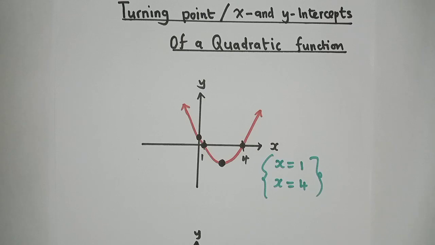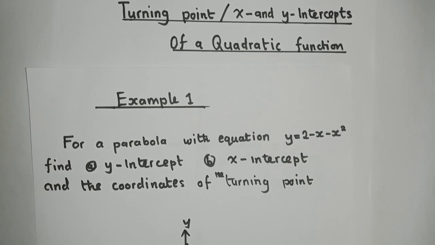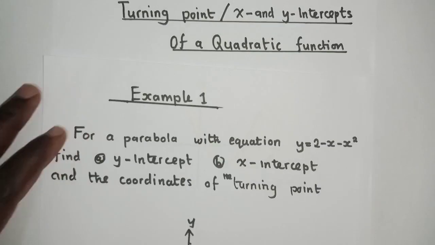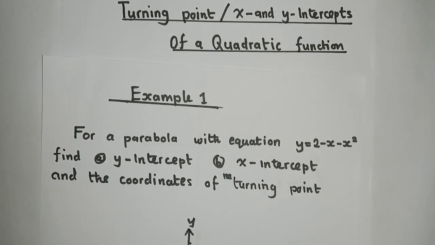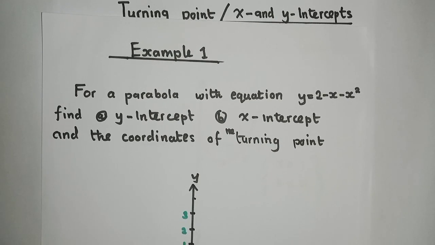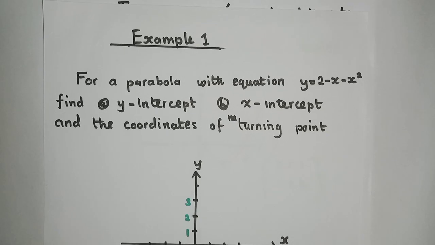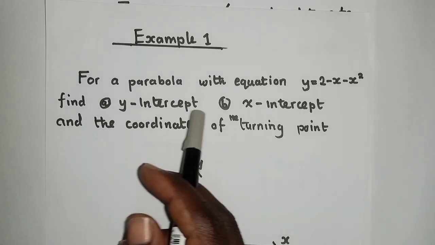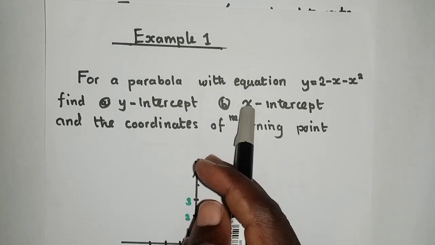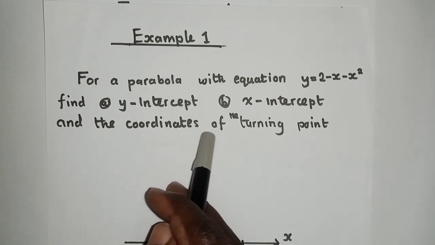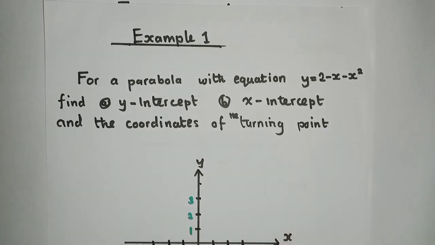So example number 1 right here. The example reads, for a parabola with equation y is equal to 2 minus x squared, find A, the y-intercept, B, the x-intercept, and the coordinates of the turning point.